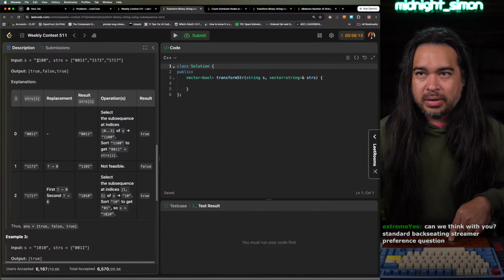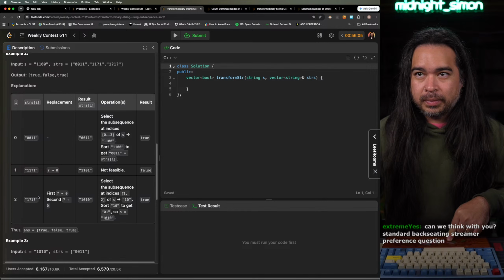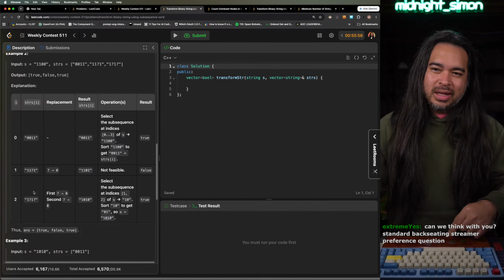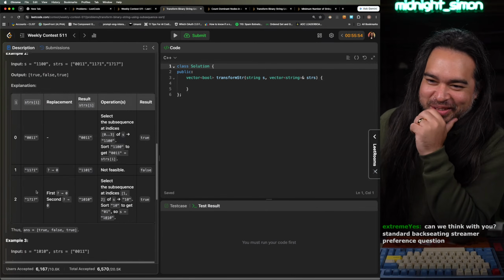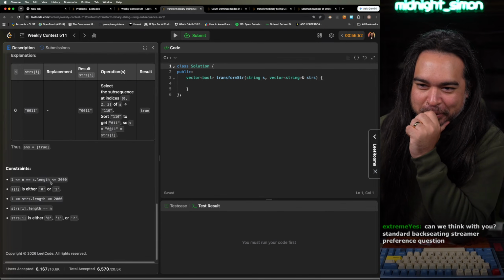Wait, no. We sort this subsequence. 1 0 1 0. No, wait. What am I saying, man? I don't know if I can do this problem, man. It's too hard for me.